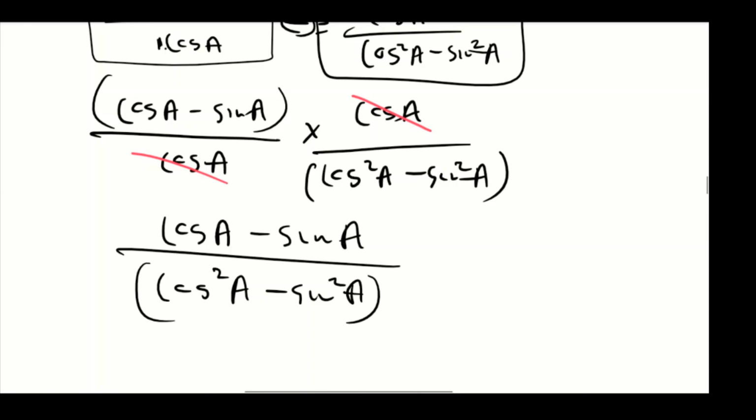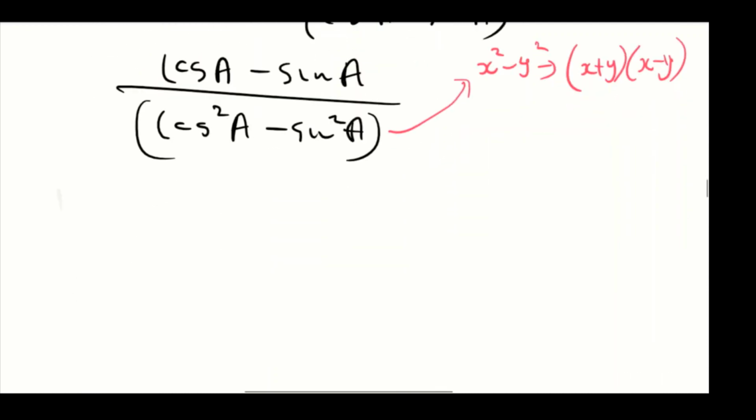Another thing that I need you to know is that at the bottom, this is the difference of two squares, right? If maybe you have x squared minus y squared, to factorize this, you'll have x plus y and x minus y, right? So you're going to do the same thing here to factorize.